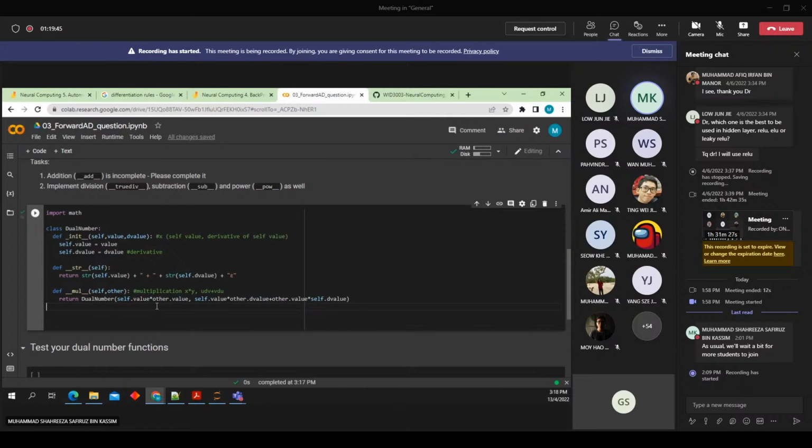So I'm just going to give you maybe 2 minutes to have a look, for those who haven't gotten it yet. What does this operation or function do? When you have multiplications, you are doing the multiplication here, and you are doing the derivatives using the product rule.